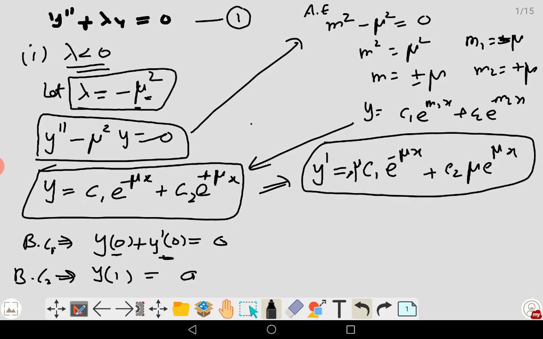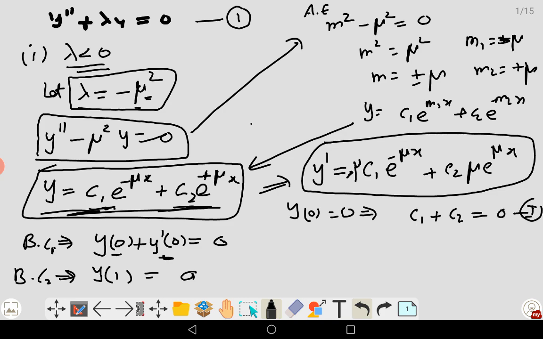Okay, we want y of 0 and y prime of 0. Y of 0 is 0, so take x as 0 in this equation. E power 0 is 1, e power 0 is 1. So c1 plus c2 is equal to 0. This is result number 1. Y prime of 0 is 0.